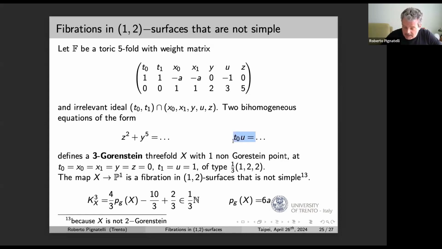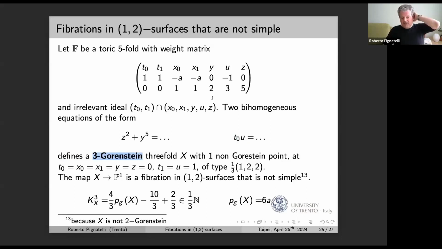We took this from the list of 2-Gorenstein stable 1-2 surfaces found by Franciosi, Pardini, Rollenske and Dalla. And this threefold is no more 2-Gorenstein because it has a little singular point where this T0 vanishes, which has factoriality index 3, Gorenstein index 3.